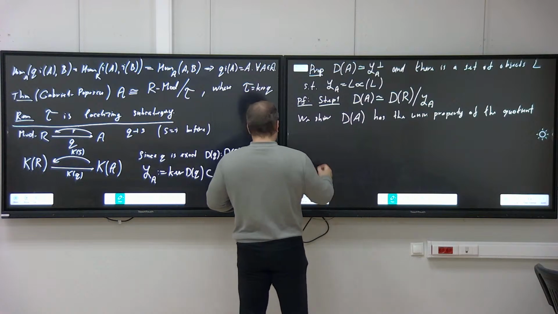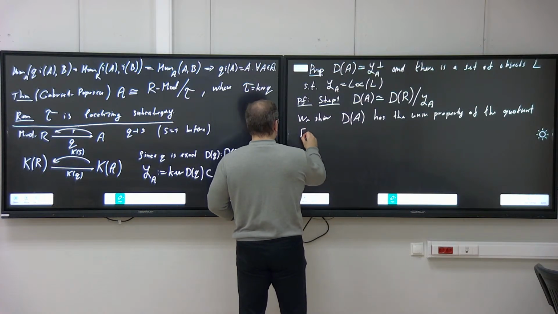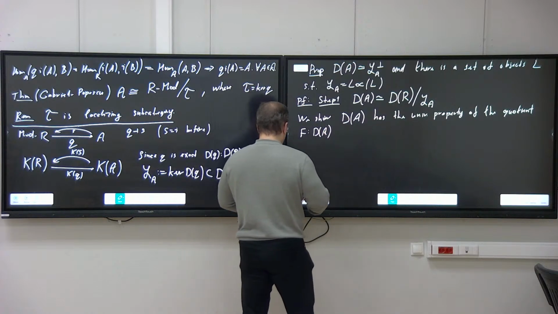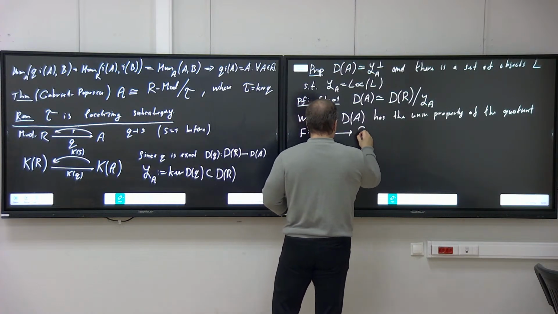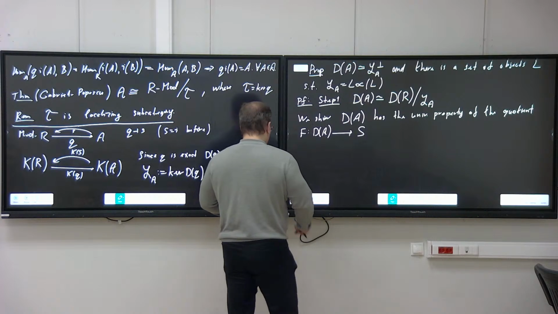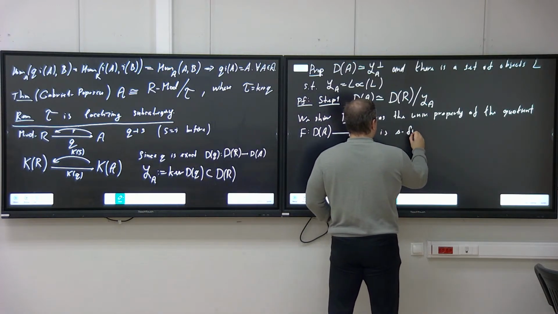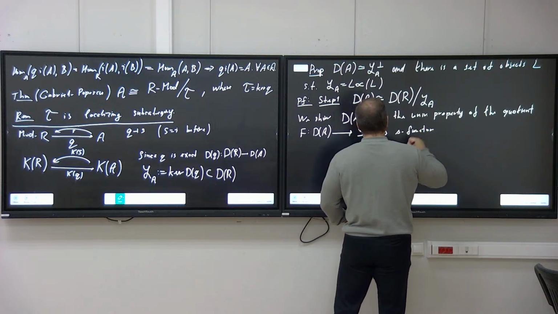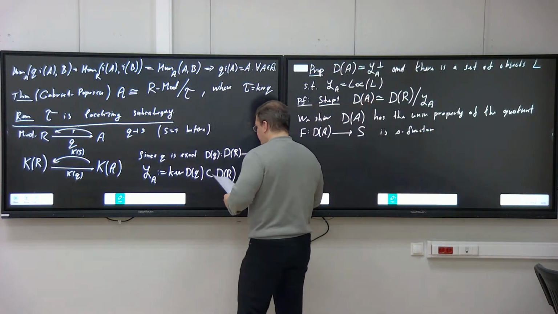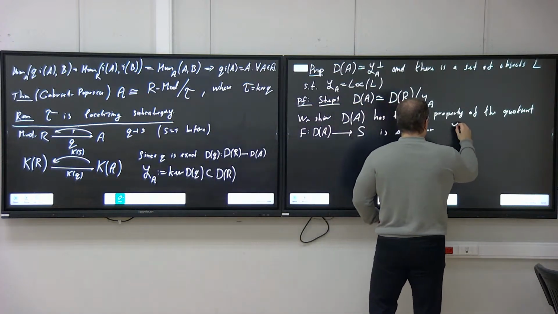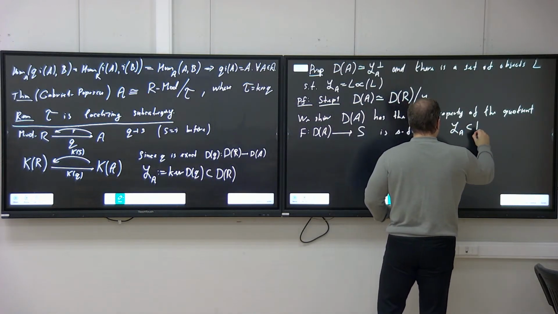Okay, so let's take a functor f from the derived category of the Grothendieck category A to some other triangulated category S. So f is a triangulated functor, and of course I assume that S is some triangulated category. And I want to assume, of course, that L sub A is contained in the kernel of this functor.